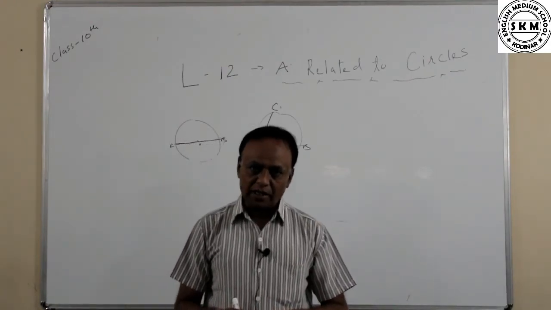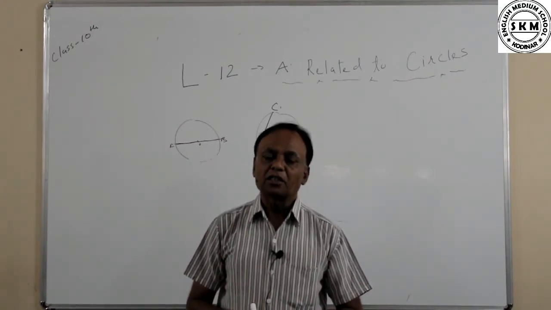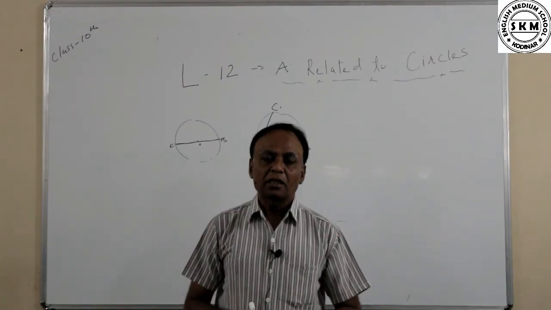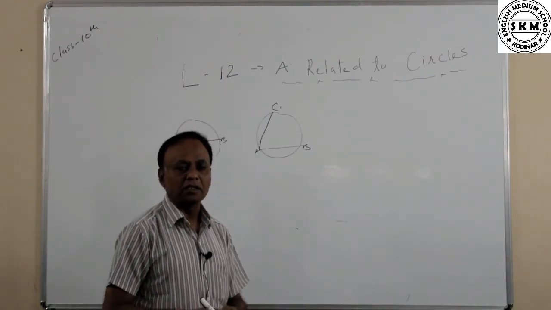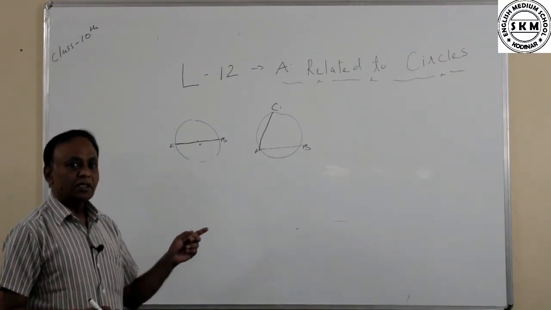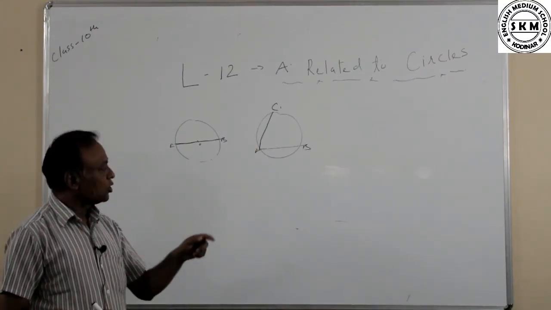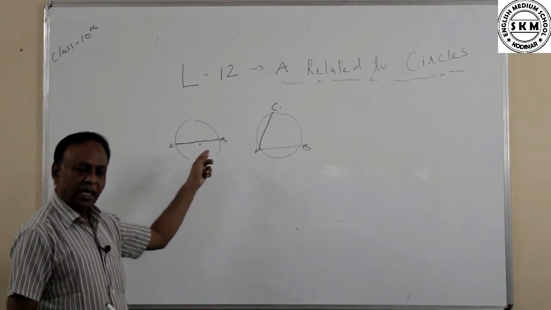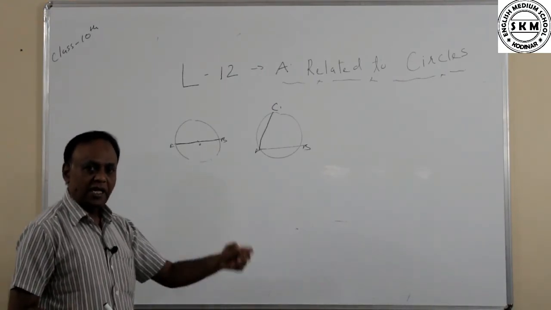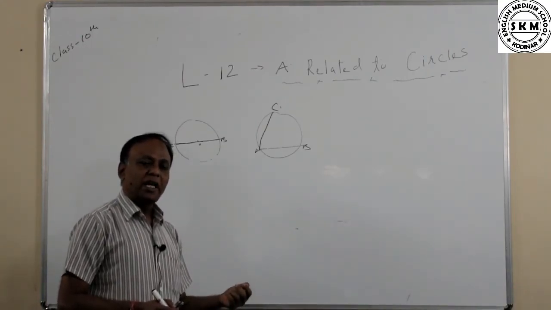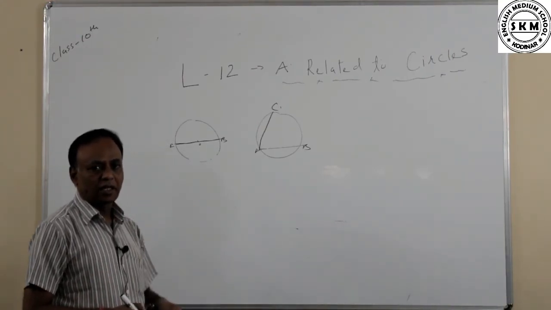It is a line segment joining any 2 points on a circle. Radius is a line segment joining the center of a circle and any point on a circle. And chord is a line segment joining any 2 points on a circle.